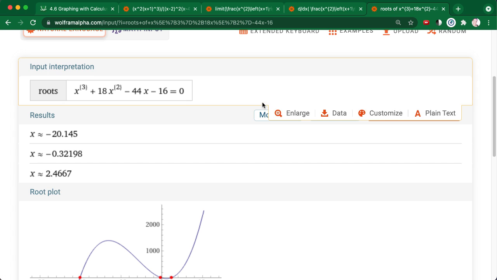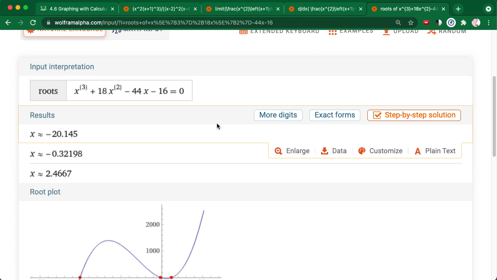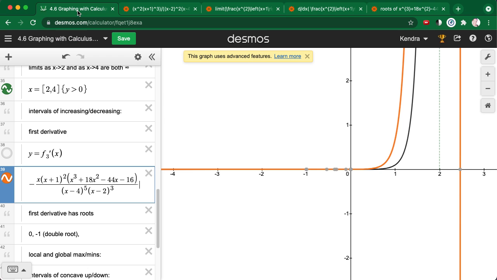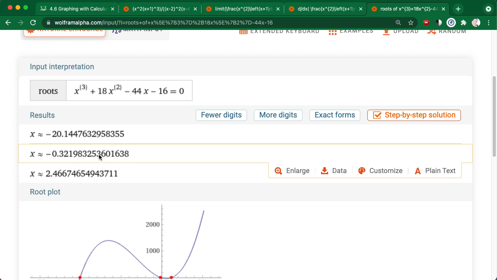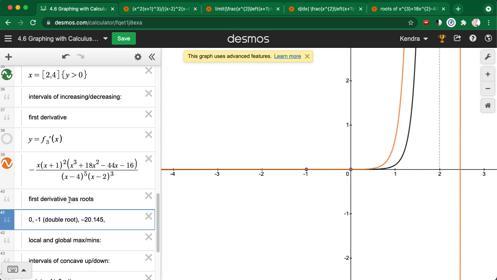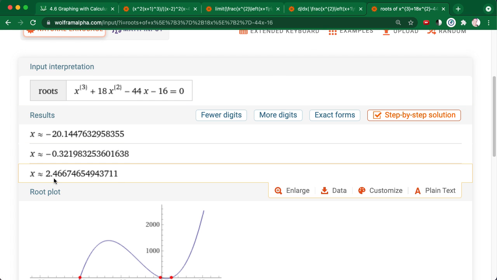So I am going to ignore the exact form, and we're just going to take this to three decimal places. -20.145 and negative 0.322 and 2.467.